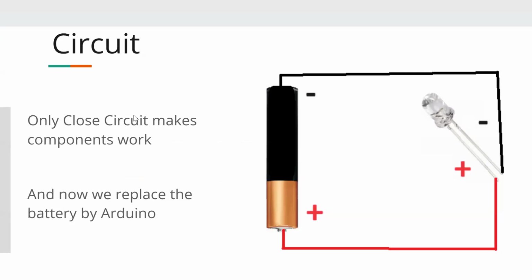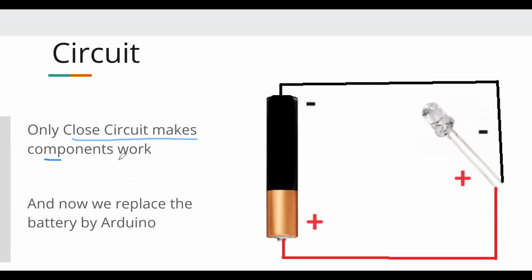I believe that when we were in primary school, we learned how to use circuits. Only a closed circuit can make a component work. So how could we add Arduino into this circuit?